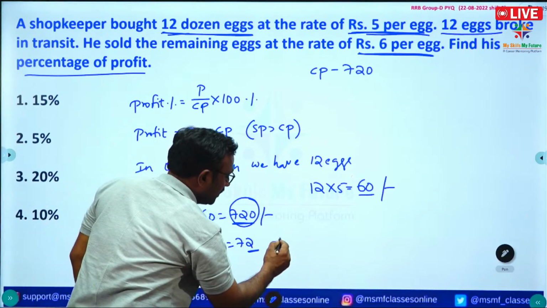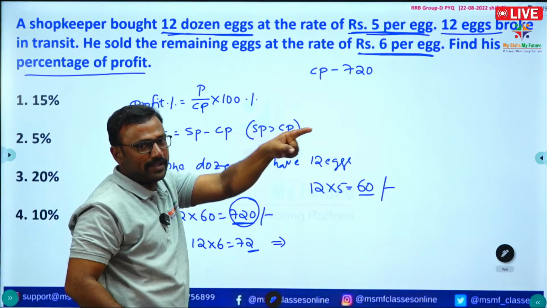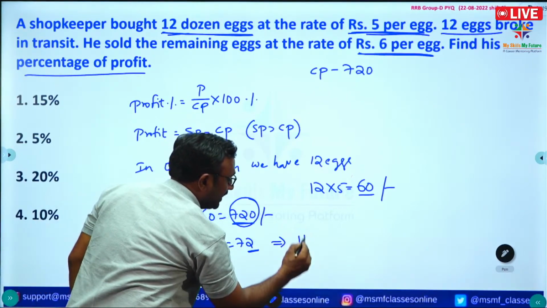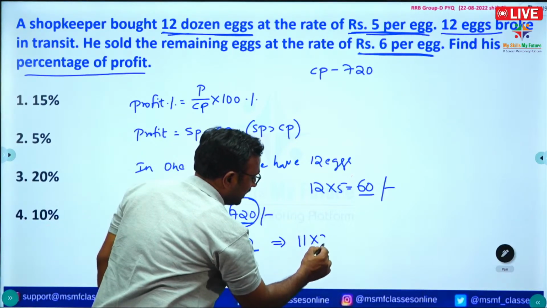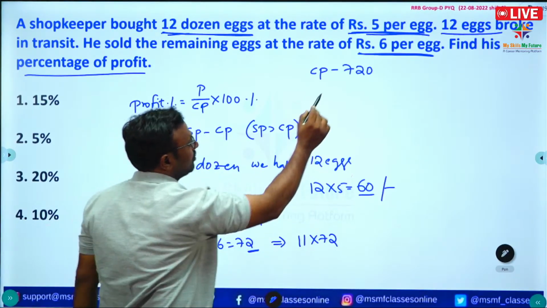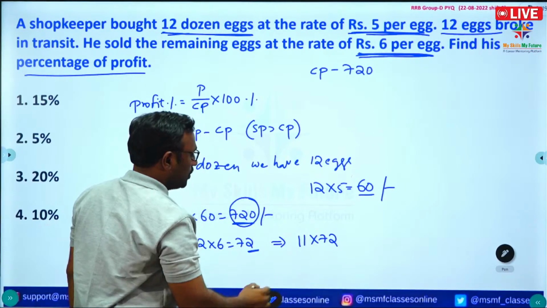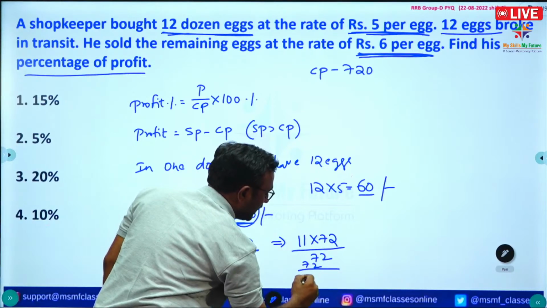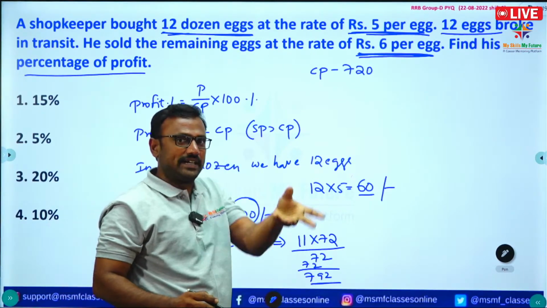Here 1 dozen is broken in transit, meaning the remaining 11 dozen eggs are there. 11 dozen eggs, each dozen sold at 72, so 792 is the selling price of 11 dozen eggs.